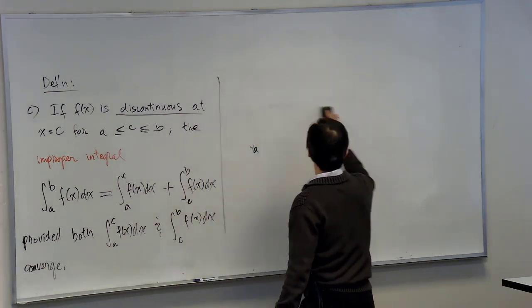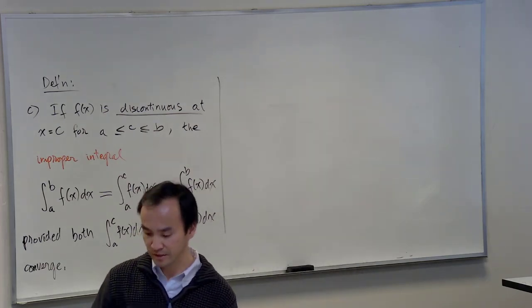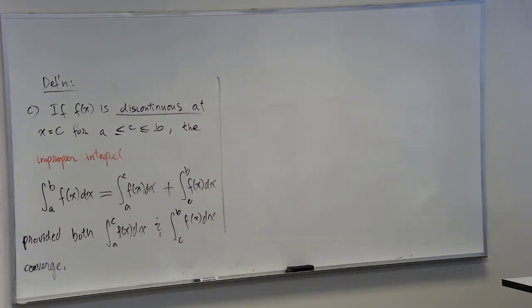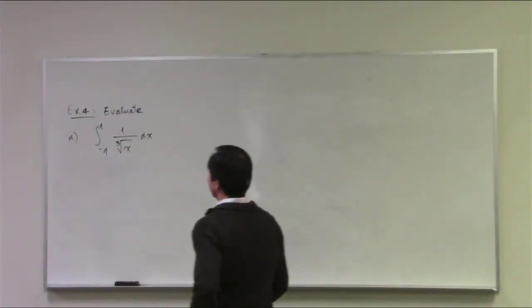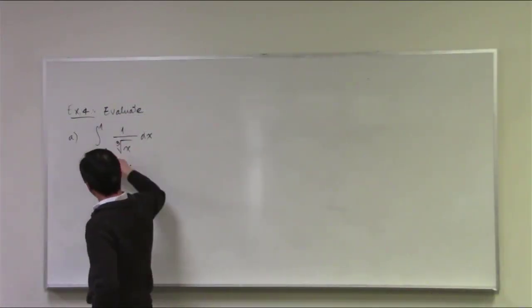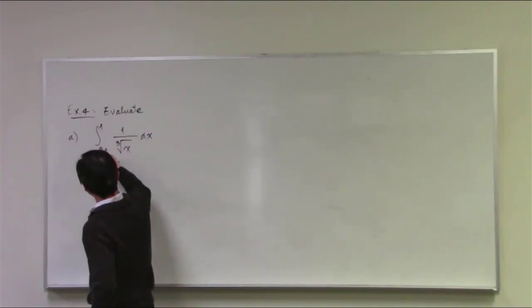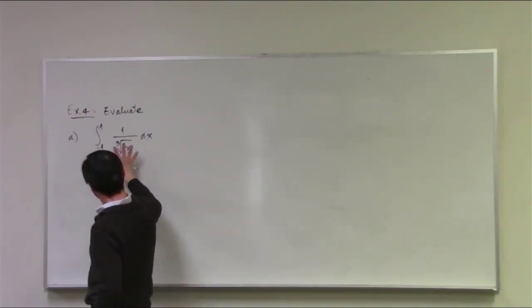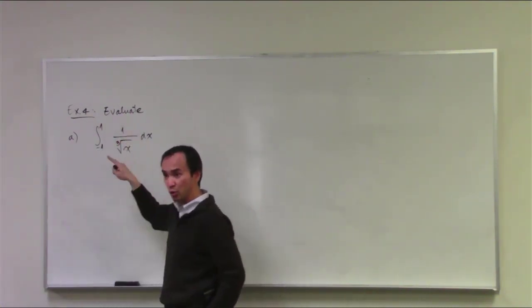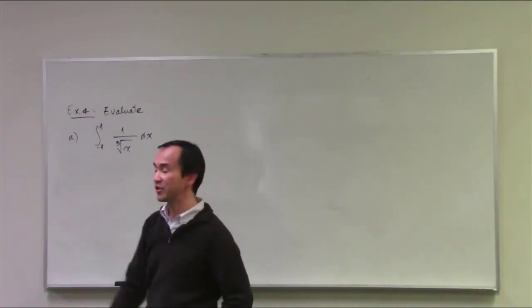Third definition. So in that case, let's look into an example here. Your integration interval is from negative 1 to 1. Everybody else with me on that? But now we realize that this function has a discontinuity at x equals 0, inside of your integration interval.